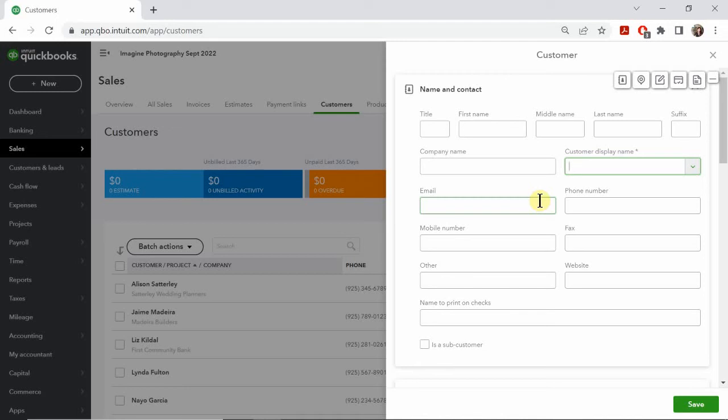Unfortunately, QuickBooks' algorithm is based on the display name. They don't care about all the extra information that you put in there. If you have two identical display names, it's not going to be able to differentiate the two.